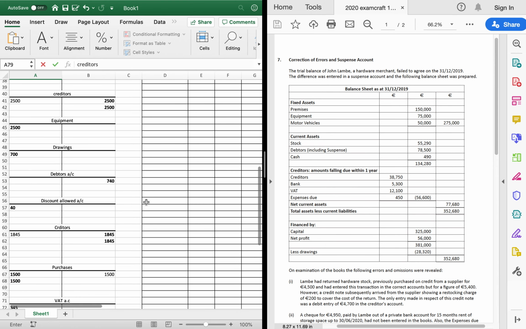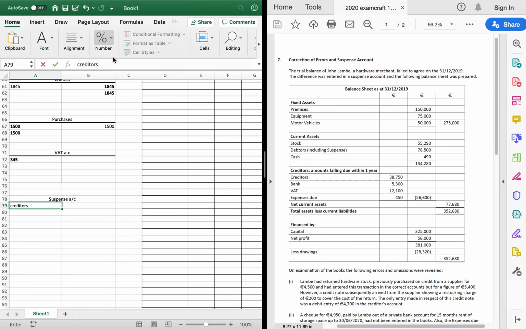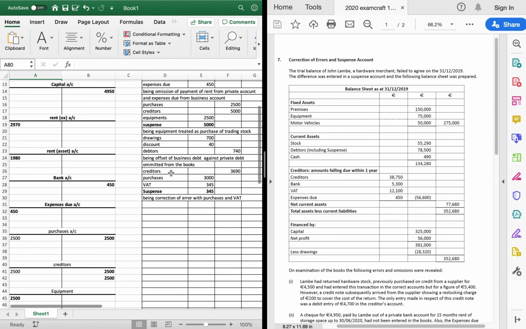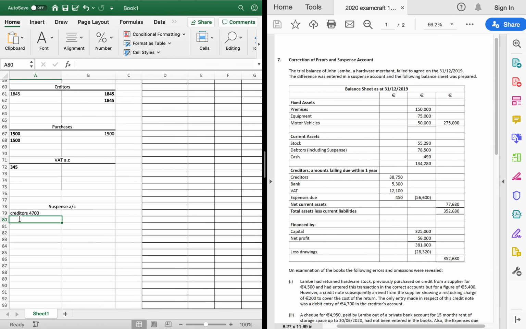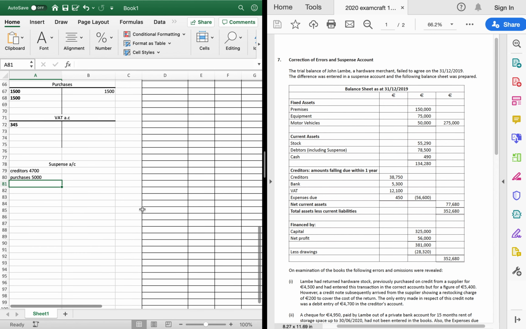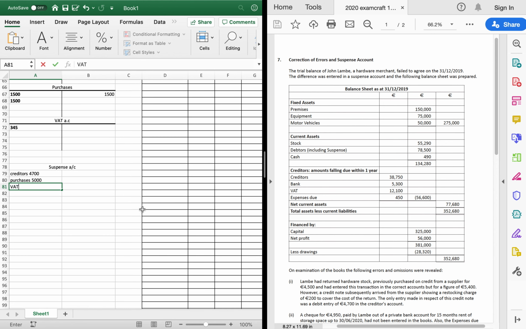Just take the bigger number there. For number 3, it was suspense of 5,000, and that was based around creditors again, or purchases. We'll just go with purchases this time, for 5,000. And for the last one, it was on VAT. So the VAT was omitted, but the biggest mistake is in the creditors again. Should we go with that? 345.